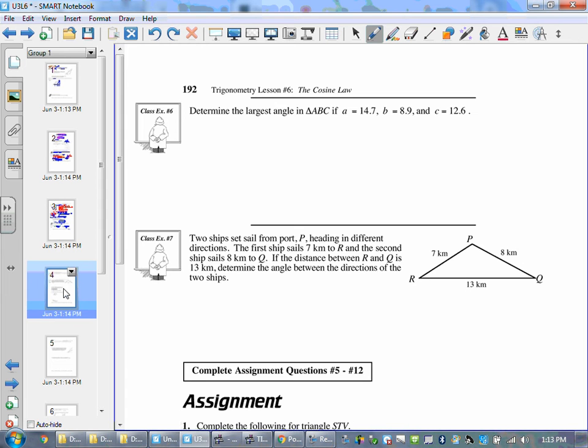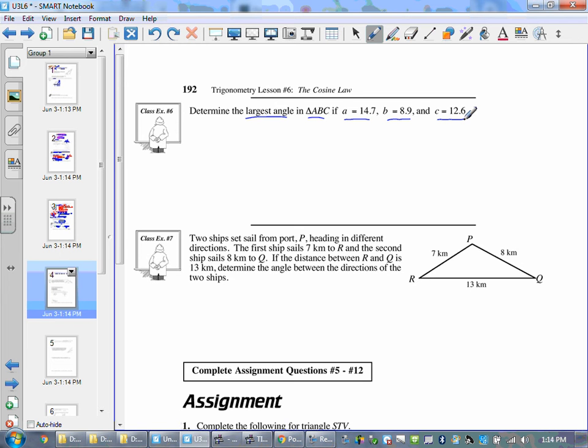Here they are saying determine the largest angle of triangle ABC if little a is 14.7, little b is 8.9, and little c is 12.6. So where will our largest angle be? Let's think about this. Along the smallest line? Getting there.